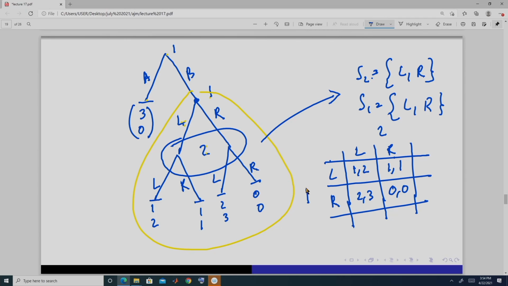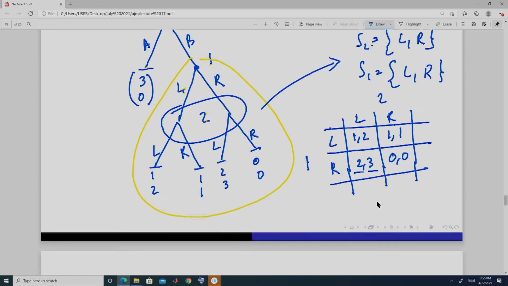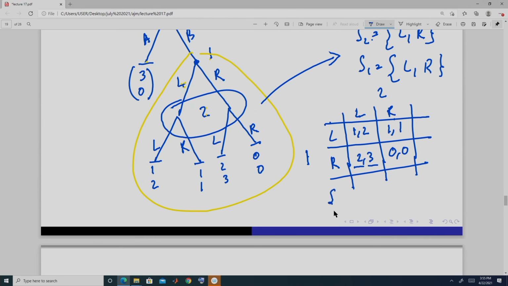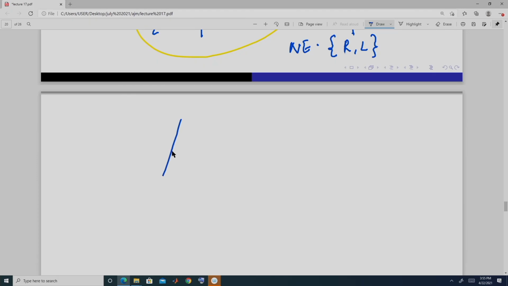Now, we play this game and we find the Nash equilibrium of this game. So, it is obvious that for player 2, L is a dominant strategy, or R is dominated by L. So, it is going to be chosen, and so player 1 will choose this. So, this is a Nash equilibrium. So, in this game the Nash equilibrium is R L. Then what do we do?